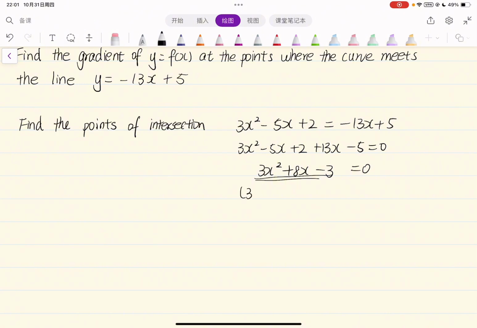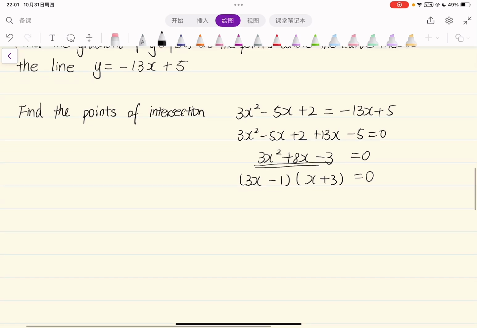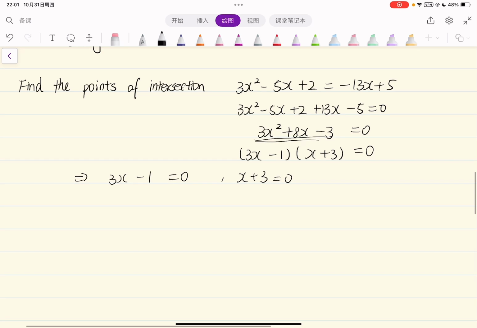So we have (3x minus 1) times (x plus 3) equals 0. Thus, we have 3x minus 1 equals 0, or x plus 3 equals 0. So we have two values of x that are x equals one third and x equals negative 3.